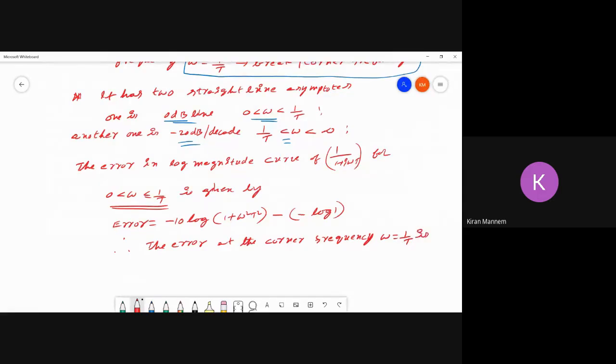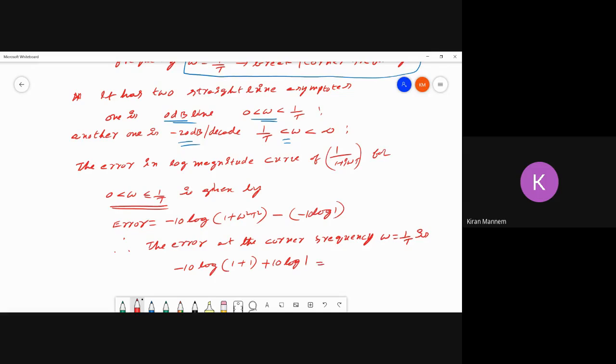My error would be minus 10 log of 1 plus 1, plus 10 log 1. So what's the value?